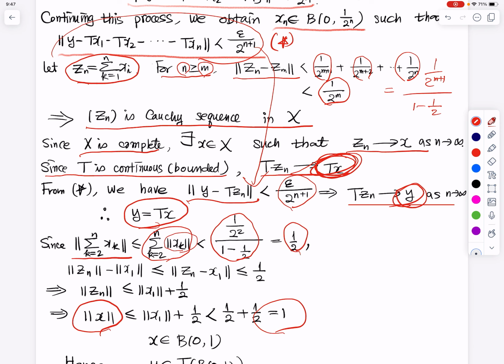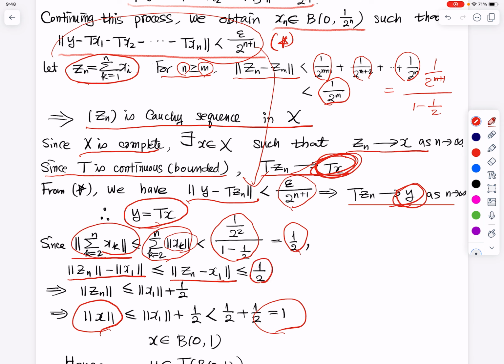Okay, and then I have the norm of zn minus x1 equals the norm of zn minus x1. Then this guy is previous, this is one half.